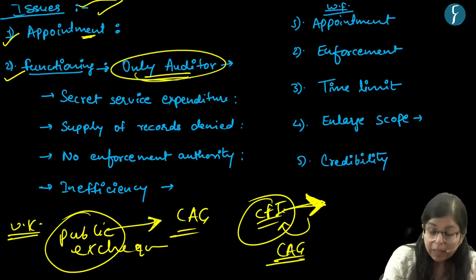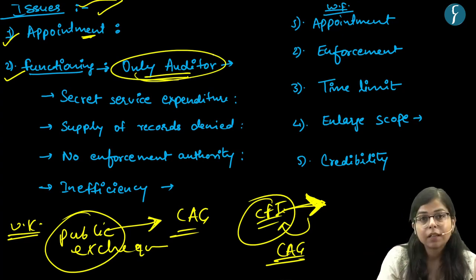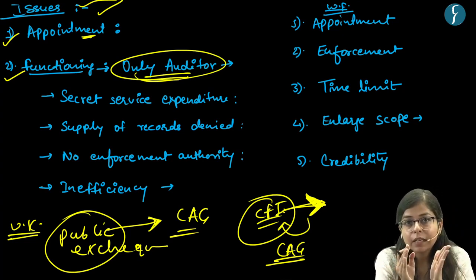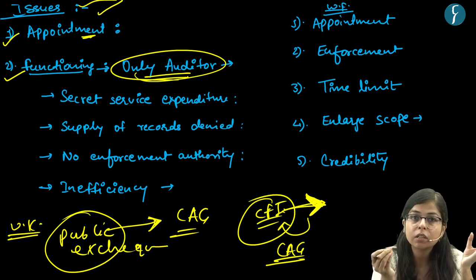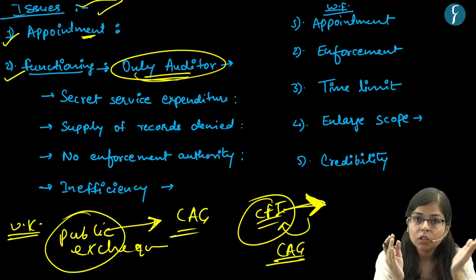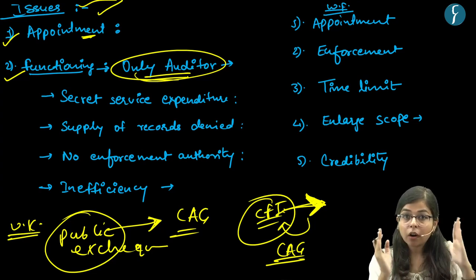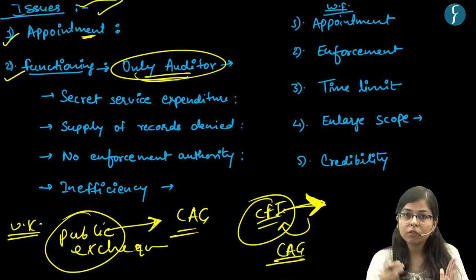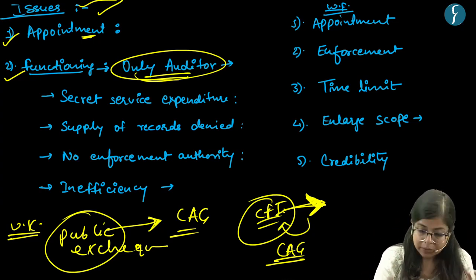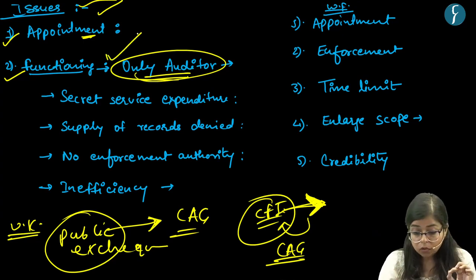So the role of the CAG has been reduced to only auditor, and it has been said that he only does the post-mortem of the expenditure which the government incurs. That is, only after the expenditure has been incurred by the government, the CAG will audit how the government has done that expenditure. But prior to it, before the appropriation of funds, the CAG has no power, right? So this is regarding the role of the CAG, which has been reduced to only auditor.